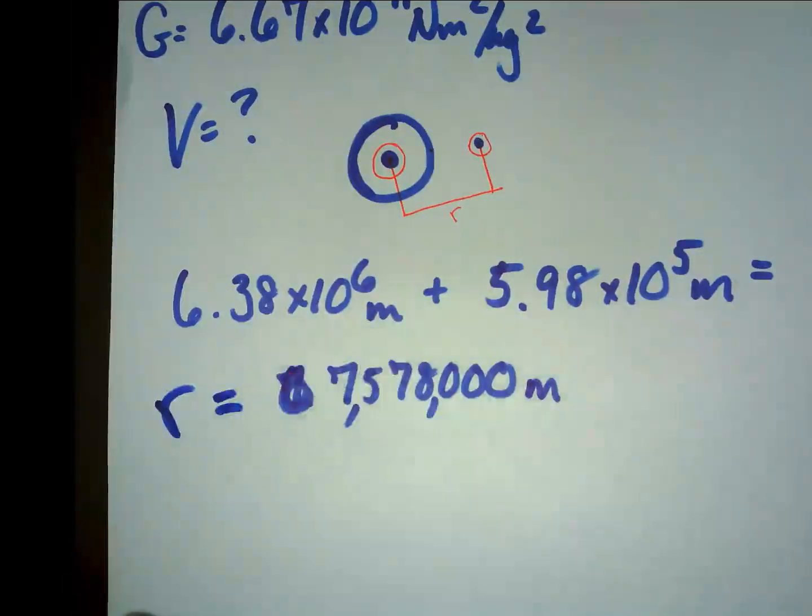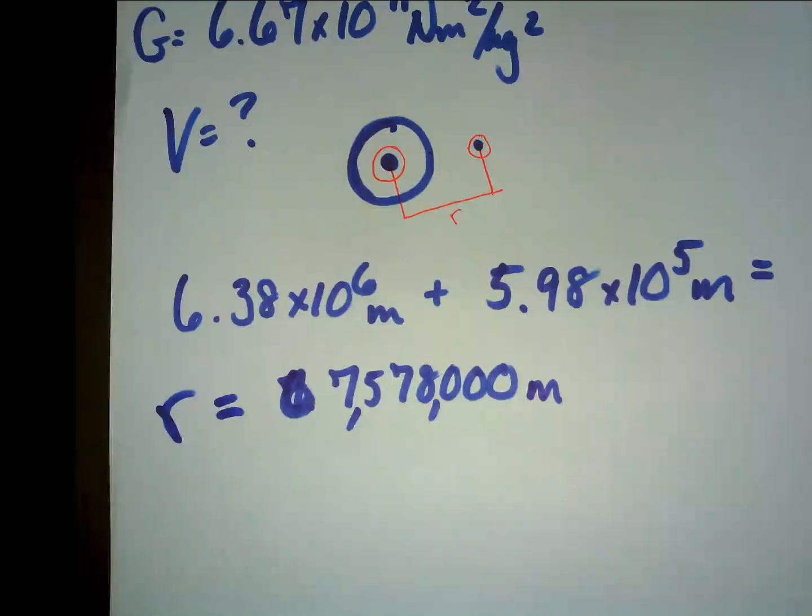So now we've got R. The question is asking about the velocity of the Hubble telescope. And if we notice, we're not given the mass of the Hubble telescope, so that should tell us something. What that should tell us is that the mass of the Hubble telescope really doesn't matter.